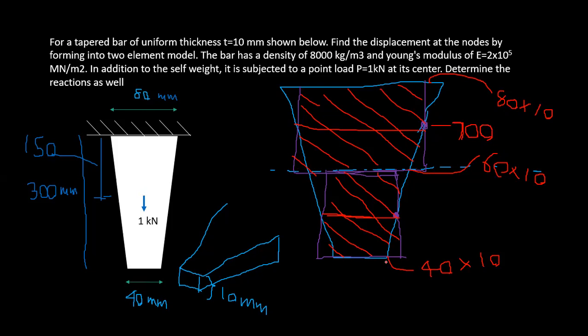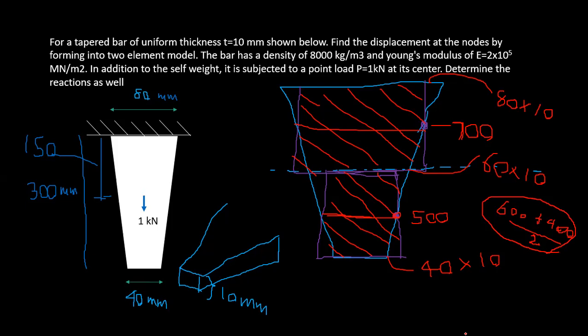It's 600 and 400, the average area is 500. How to take it: 600 plus 400 divided by 2. So this is our new 2-element bar model, right?